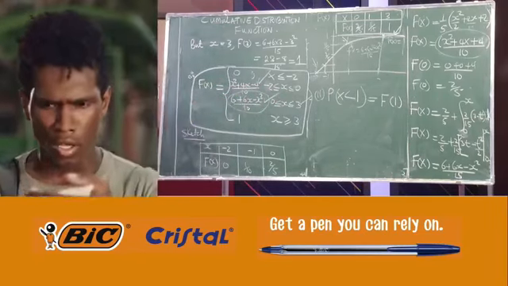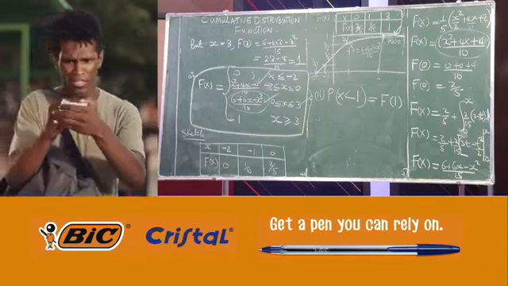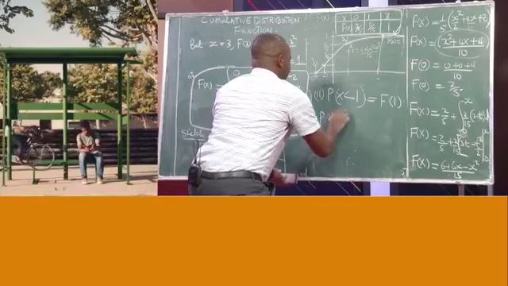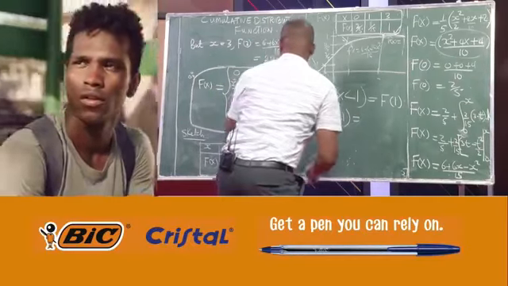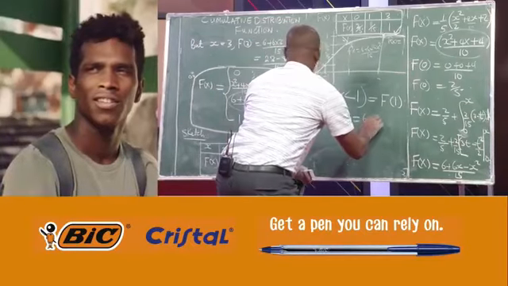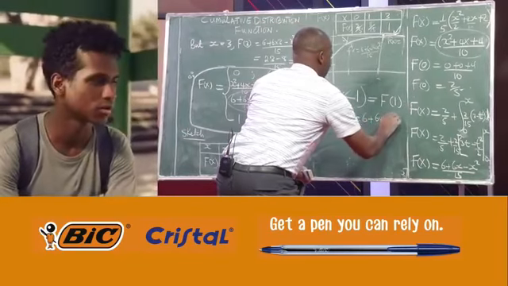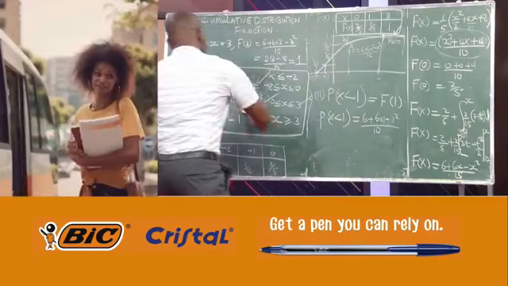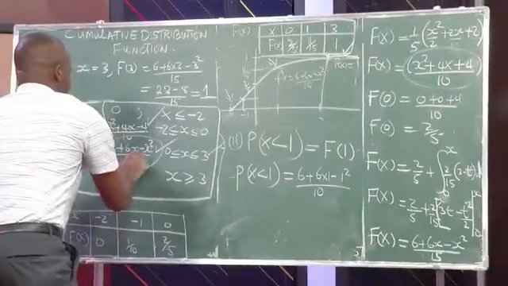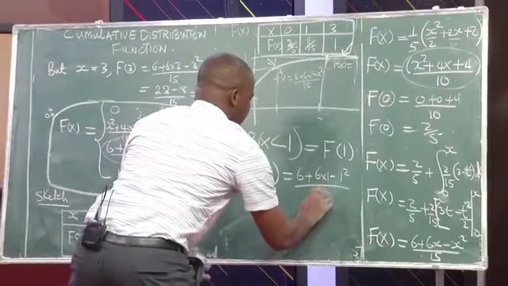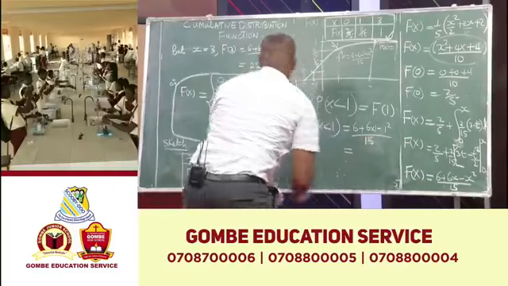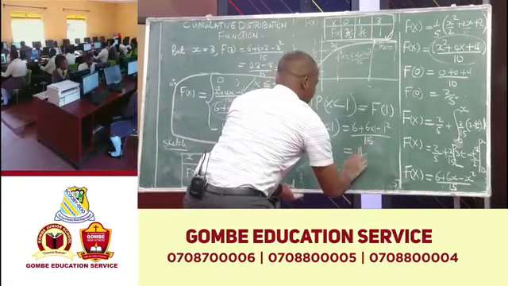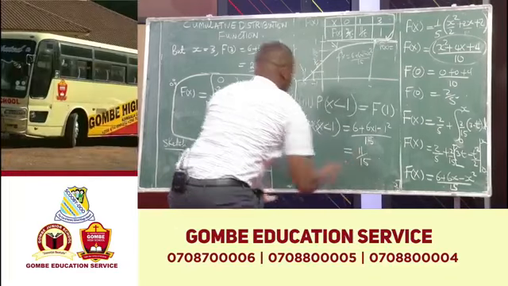So you will use the second function only to get that probability, and therefore P of X less than 1 will be obtained by substituting 1 here: 6 plus 6 times 1 minus 1 squared out of 15. When you feed in, you should be able to get your answer as 11 out of 15.